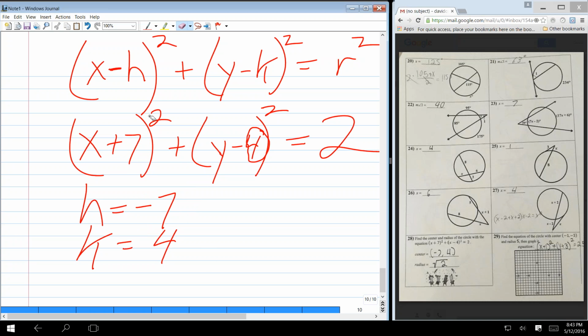Okay, what's the radius of the circle? So the radius, I've always been kind of confused on how to find the radius of this. If r squared equals 2, how do I solve r squared equals 2? If I divide by r, I'm going to have an r on the other side of the equation.